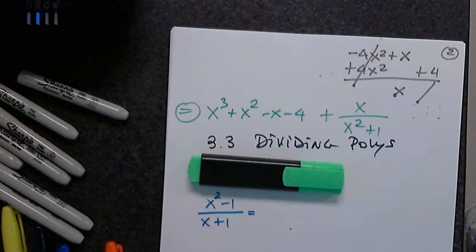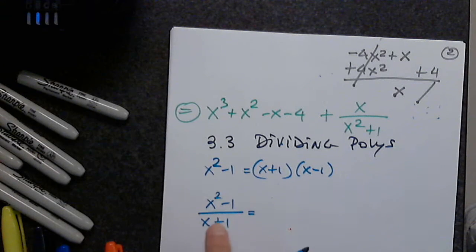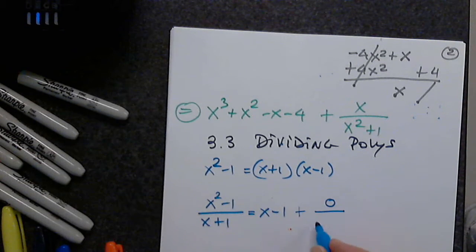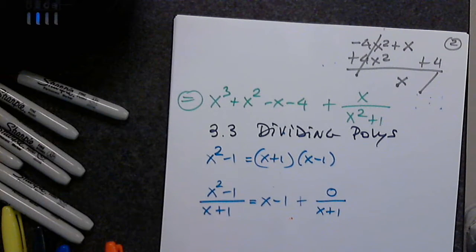And what do you think the remainder will be? I'm more interested in the remainder than the quotient. X minus 1 will be the quotient, awesome. And the remainder will be? Right. I know that, because this is x plus 1, x minus 1, and I simplify, and I get the quotient as being x minus 1, plus 0 divided by x plus 1. How do I check this? This times this plus 0 has to give us this. Is it true? Yes. Okay.